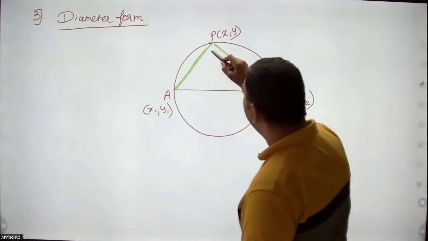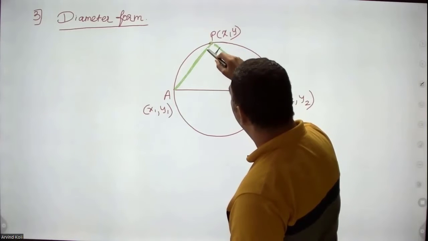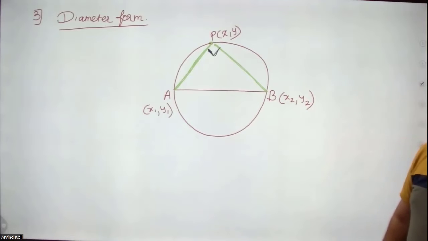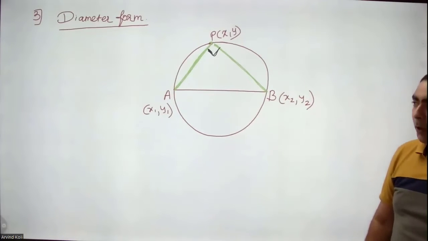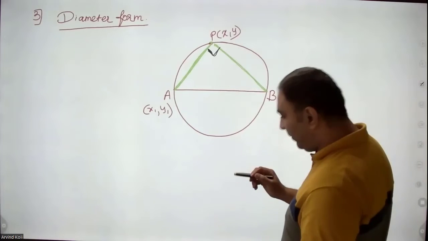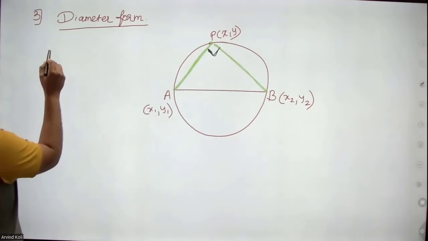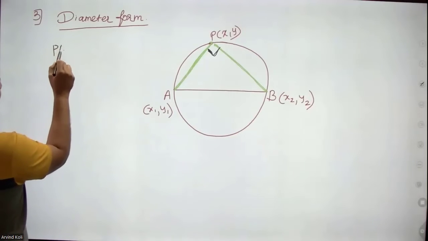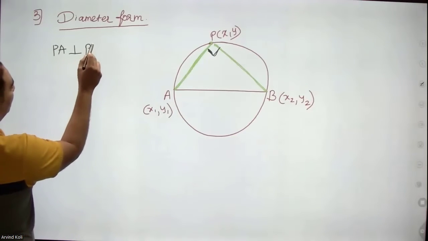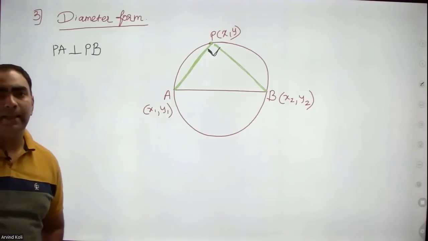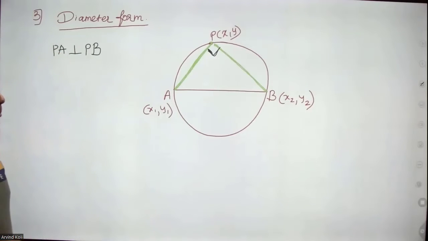We can say this angle will be 90 degrees. Reason? Diameter subtends a right angle at any point on the circle. So we can clearly say that PA is perpendicular to PB.